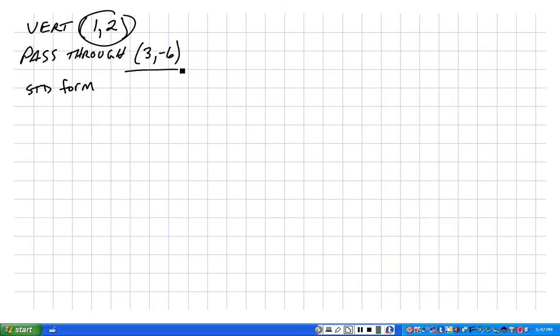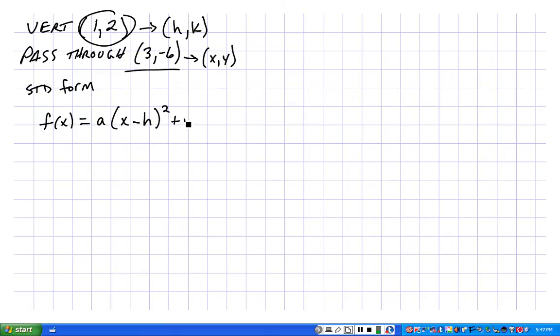Remember that our vertex is the same as saying (h, k), and any point is the same as saying (x, y). The form we're looking for is f(x) = a(x - h)^2 + k.